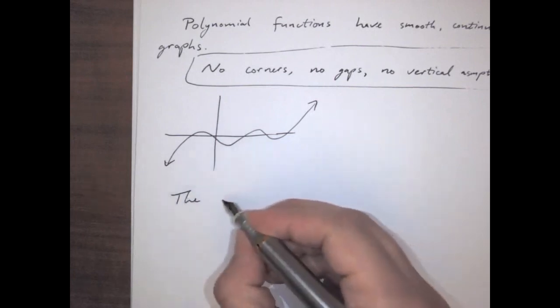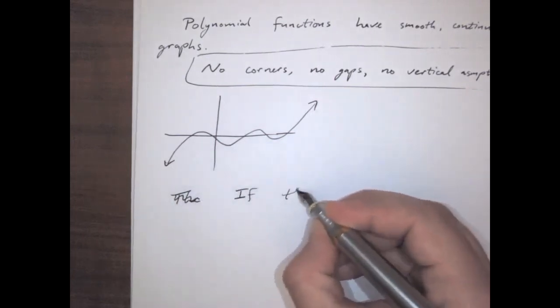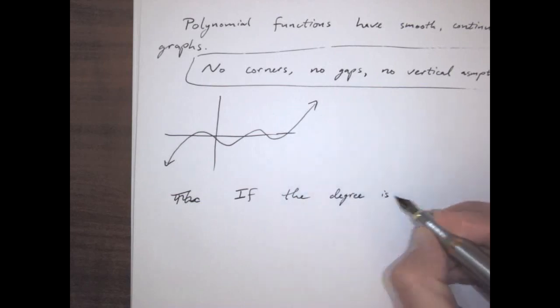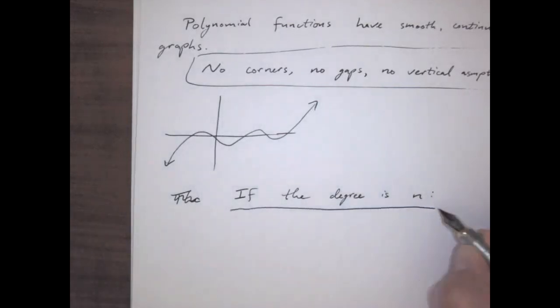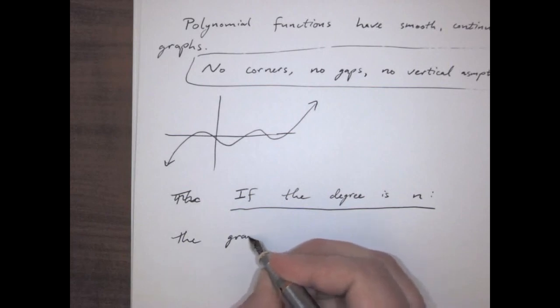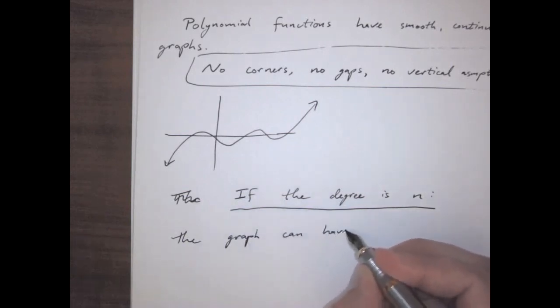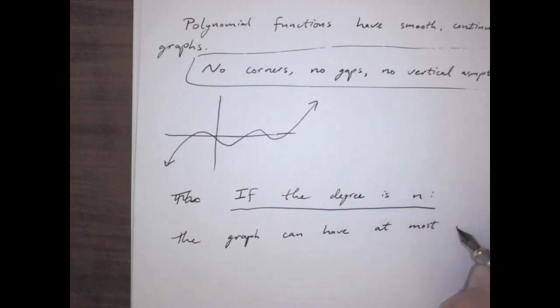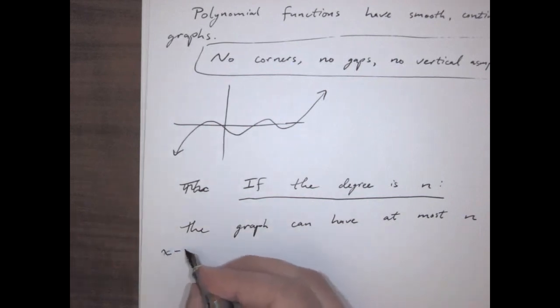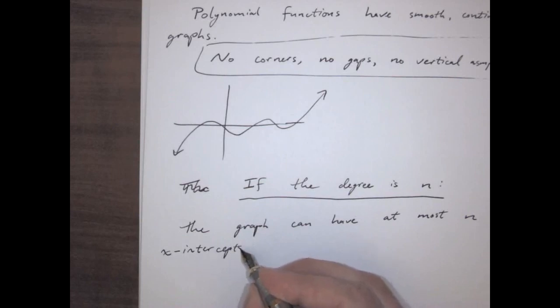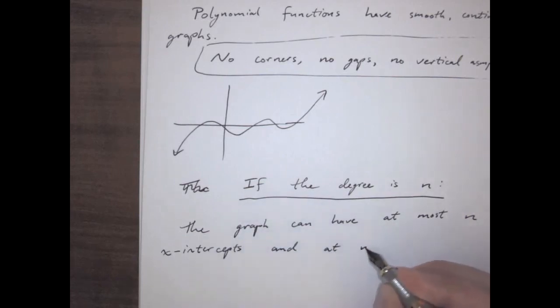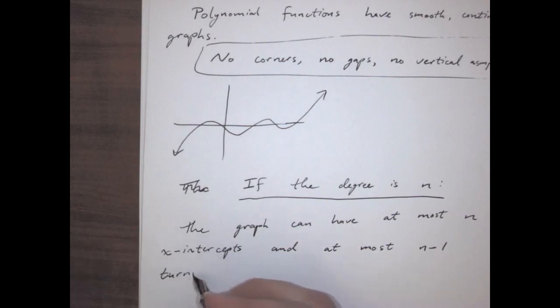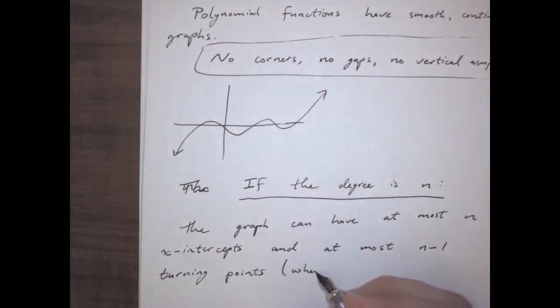So if the degree is n, the graph can have at most n x-intercepts and at most n minus 1 turning points, where the graph changes direction.